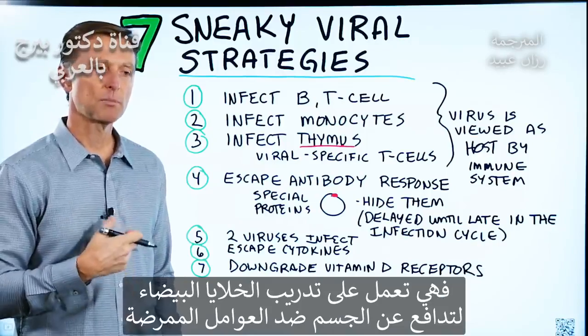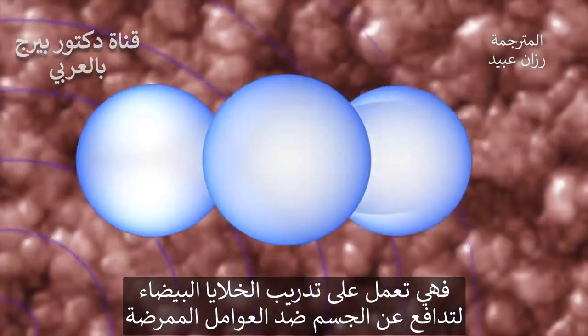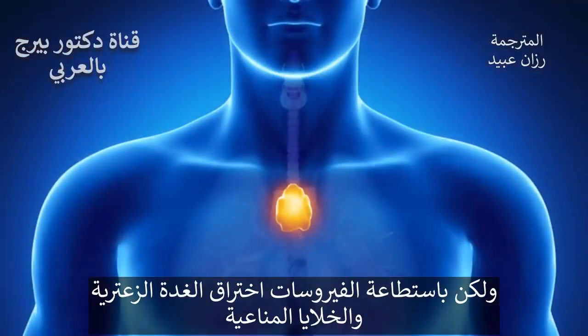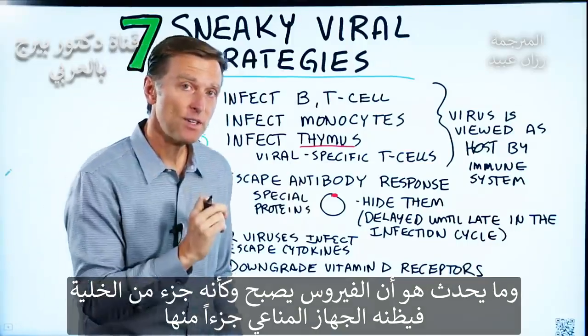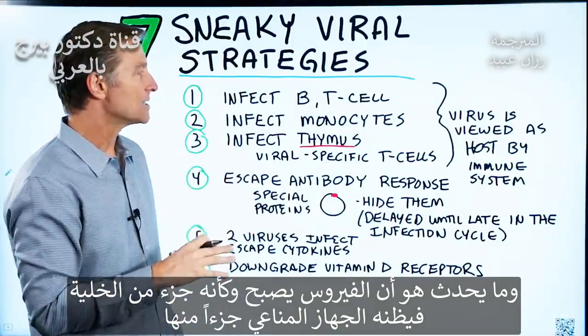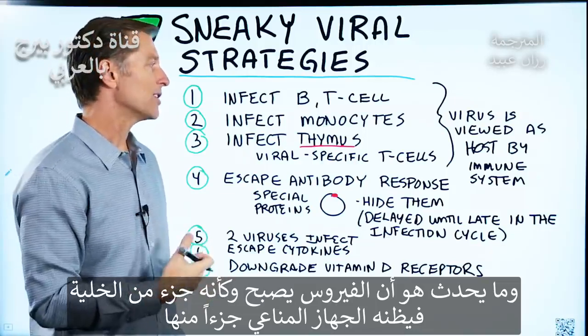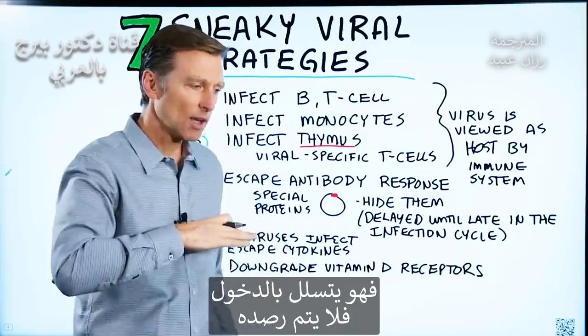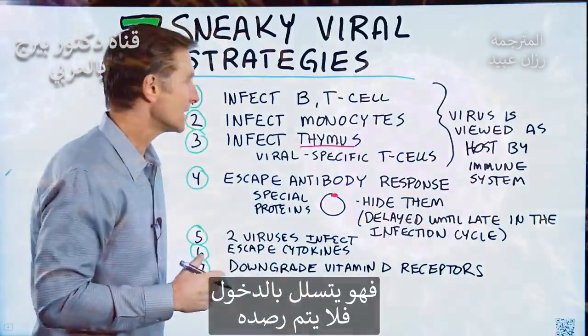So it trains your white blood cells to defend against pathogens. So these little guys can invade the thymus and other immune cells. Now what happens is that the virus kind of becomes part of your cell, and it's viewed as your own cell by your own immune system. So that's one sneaky way it goes underneath the radar and it doesn't get detected.